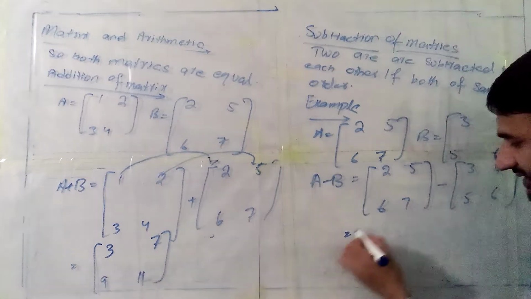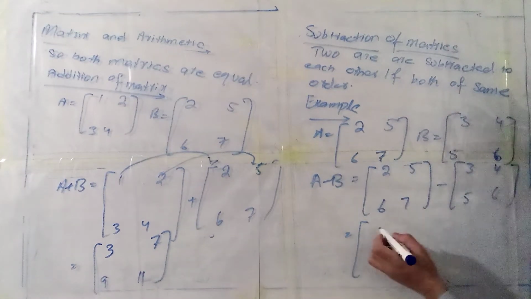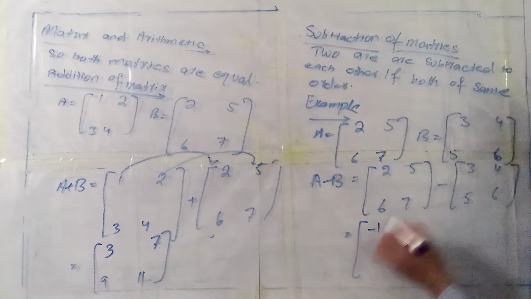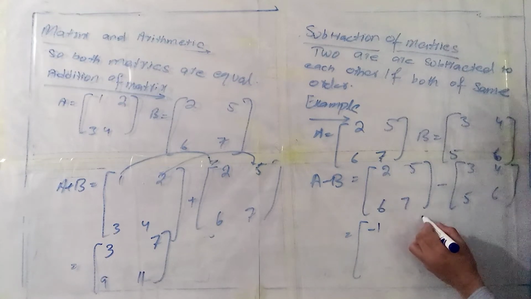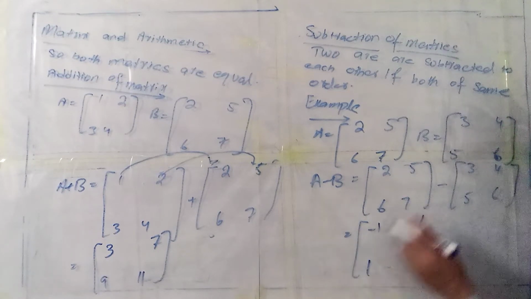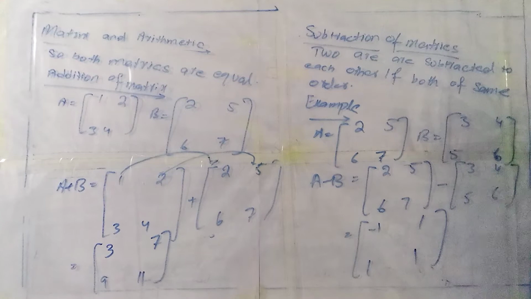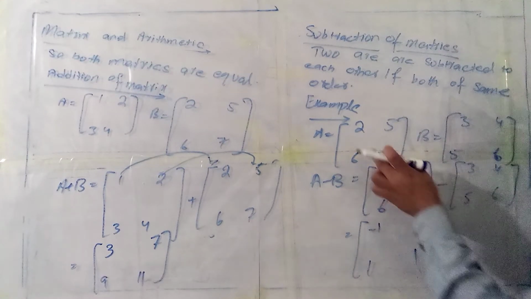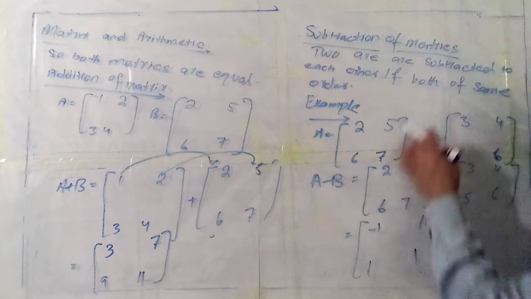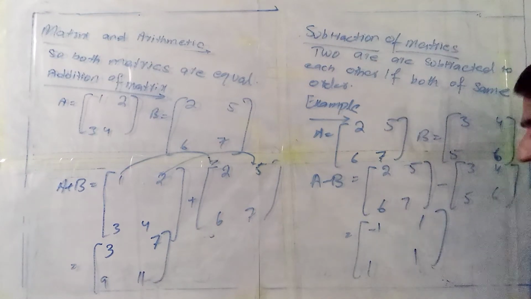Now subtract: 2 minus 3 is minus 1, 5 minus 4 is 1, and the others are 1 and 1. You can choose any arbitrary example, and the answer will be whatever it comes out to be. The main point to understand here is that matrix A is 2 cross 2 and matrix B is also 2 cross 2. That's why addition and subtraction are possible.